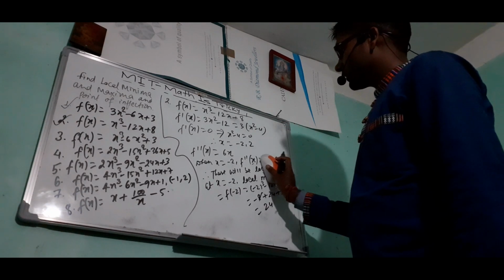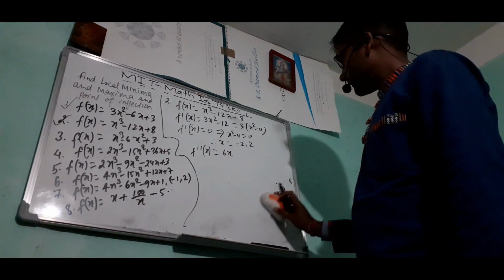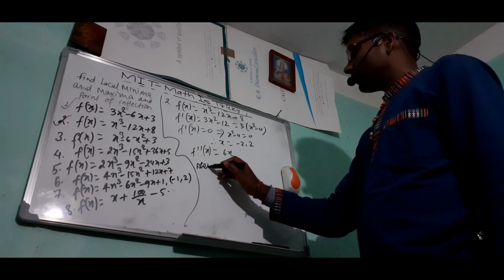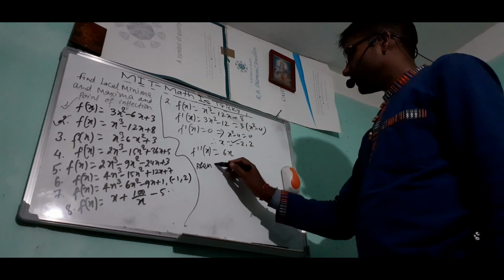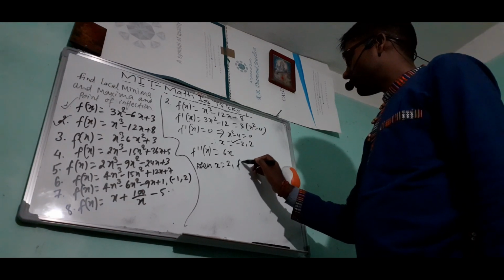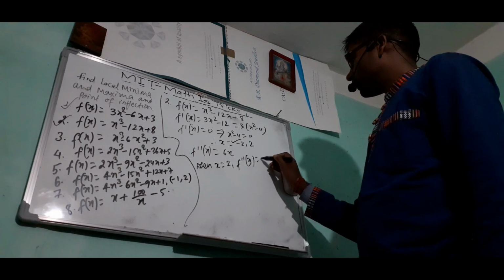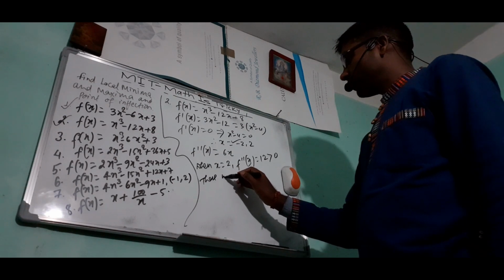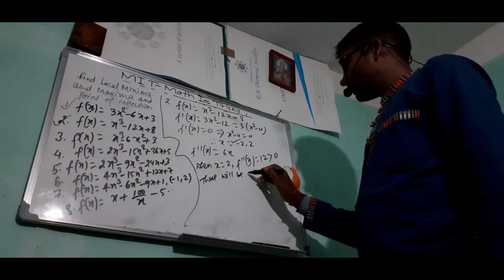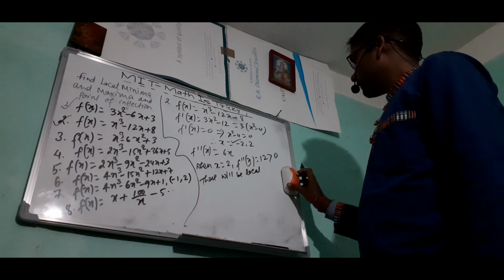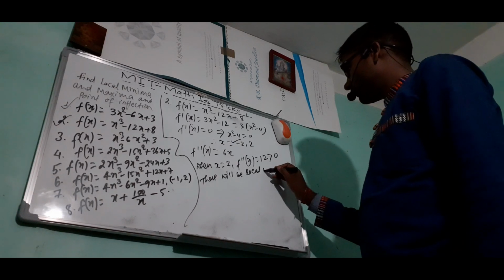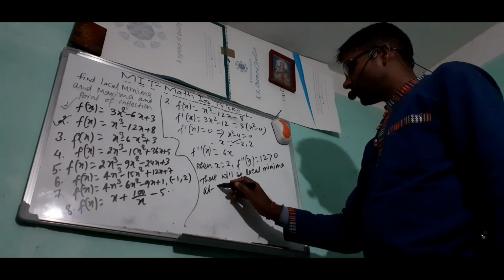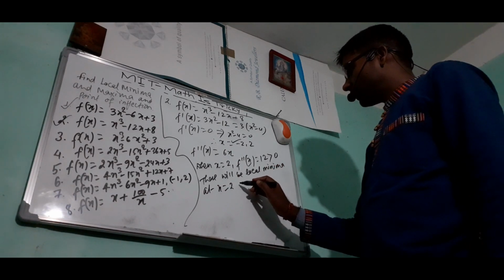Now let's check the other point. When x equals 2, f double dash x will be 12, which is greater than 0. So there will be a local minima at x equals 2.